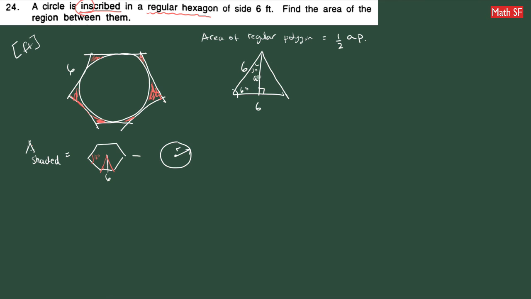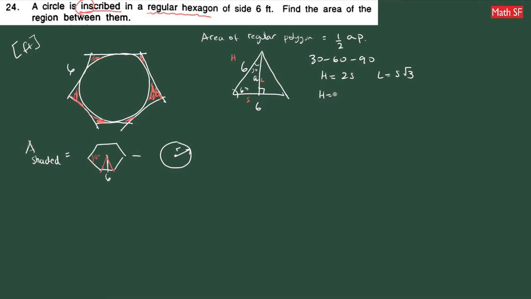So let's find this part here, the apothem. If we recall our 30-60-90 degree special triangle, this part is the hypotenuse, this is the long side, and this is the short side. Recall the hypotenuse is equal to 2 times the short side s, and the long side is s times the square root of 3.